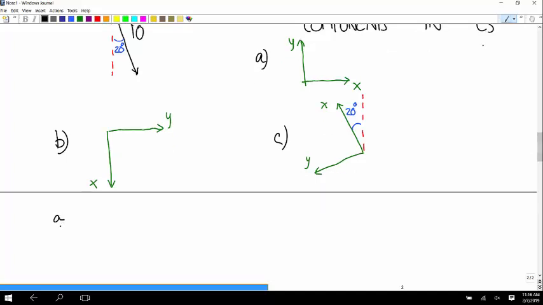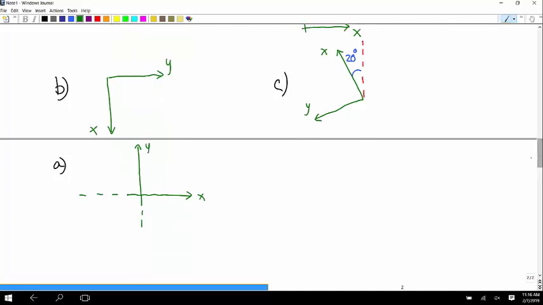So first, for A, I'm going to draw the coordinate system. I'm going to draw the vector with its tail at the origin.